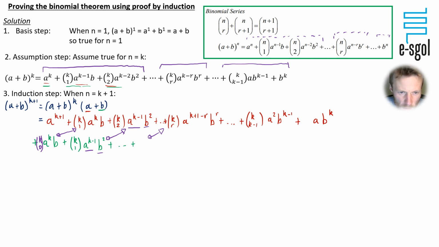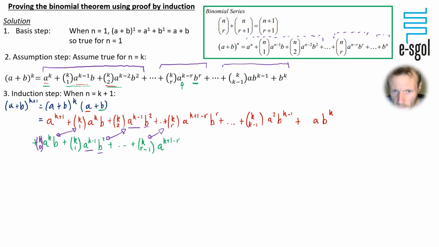So what would match up with that? Well, the term before would be k choose r minus 1, because it's the term before. Because this term here has been multiplied by a, I want to think what would have come before this term, and before that term we would have had a to the power of k plus 1 minus r. Well, that's nice because it does match up with that. And then I'm multiplying this term by b, but what I also want to think is what was the term that came before this?